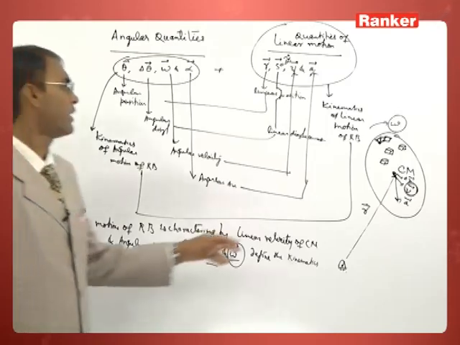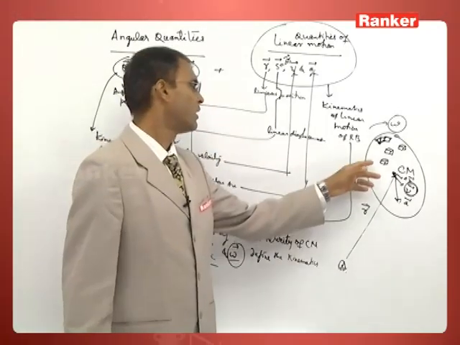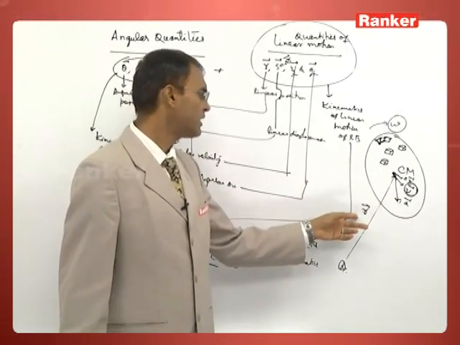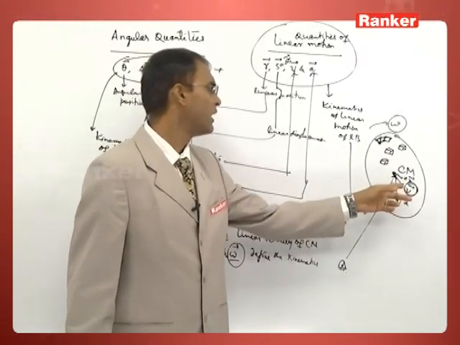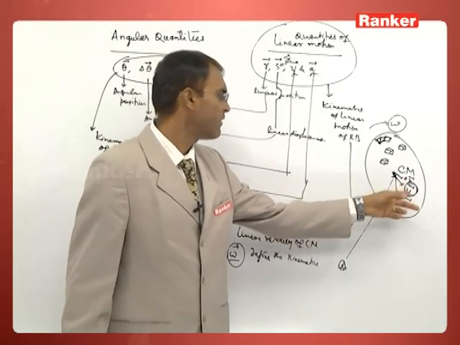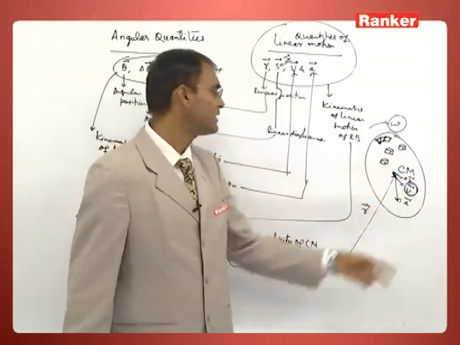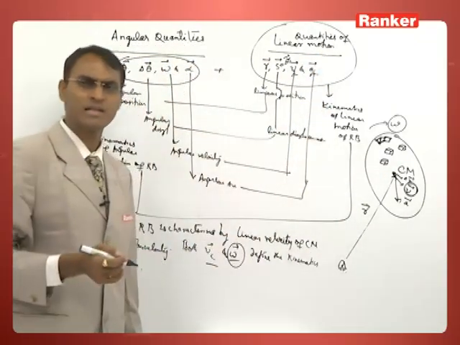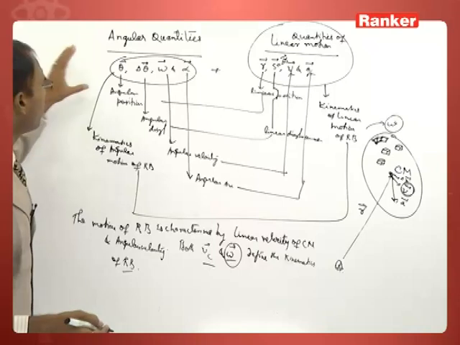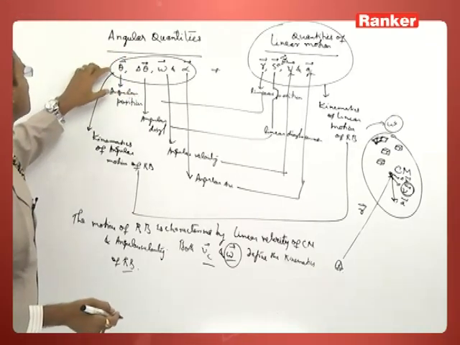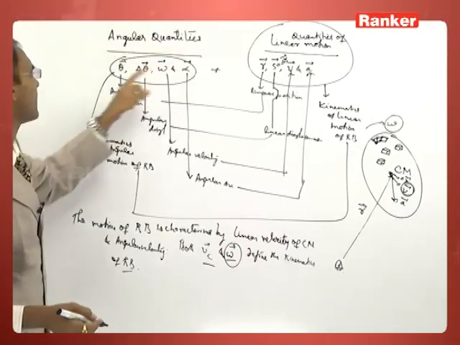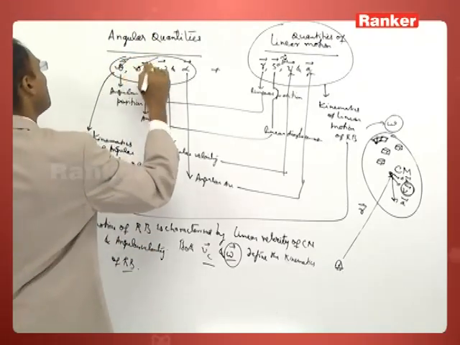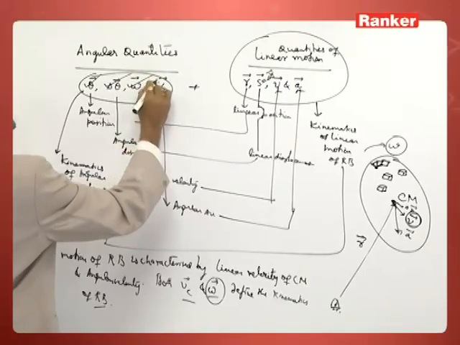But since the center of mass is a point, the point has a position, it can undergo displacement, it can have velocity, it can have acceleration. Therefore, all these things you have read in particle mechanics. So, the new thing for you is the angular quantities: the angular position, the angular displacement, the angular velocity, and the angular acceleration.